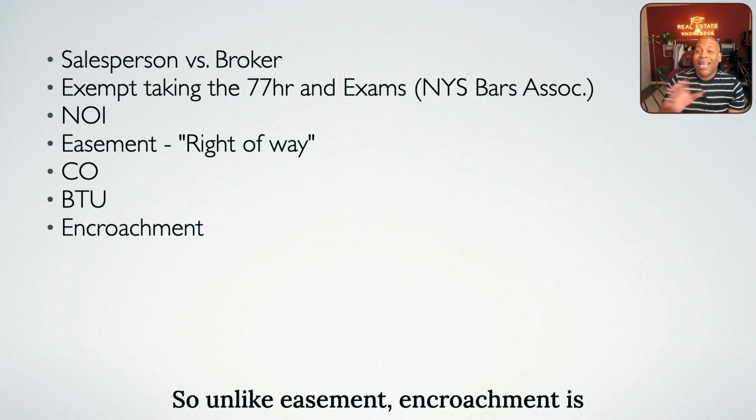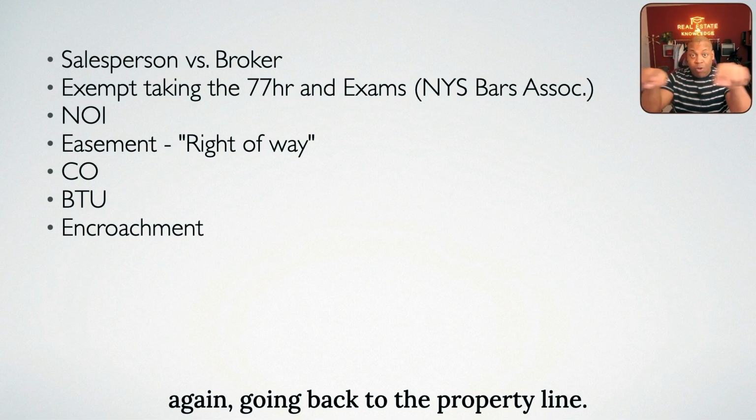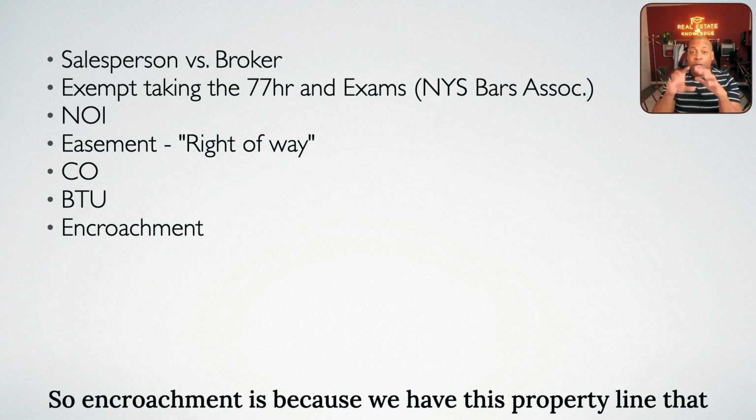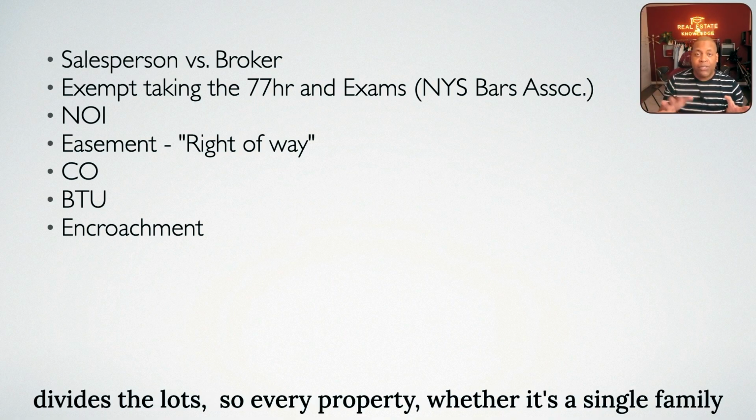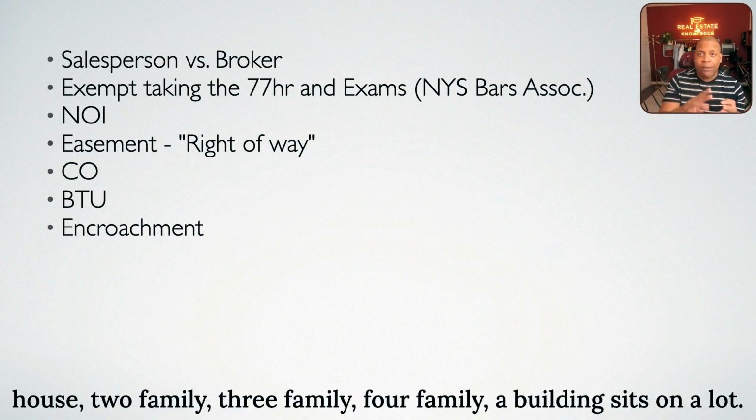Encroachment. Unlike easement, encroachment is, again, going back to the property line. We have this property line that divides the lots, right? Every property, whether it's a single family house, 2 family, 3 family, 4 family, or a building, sits on a lot.